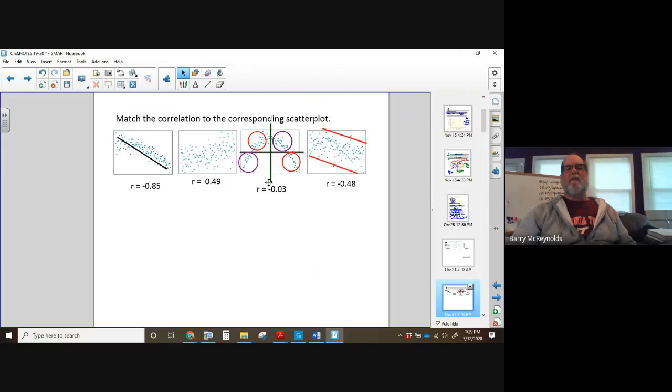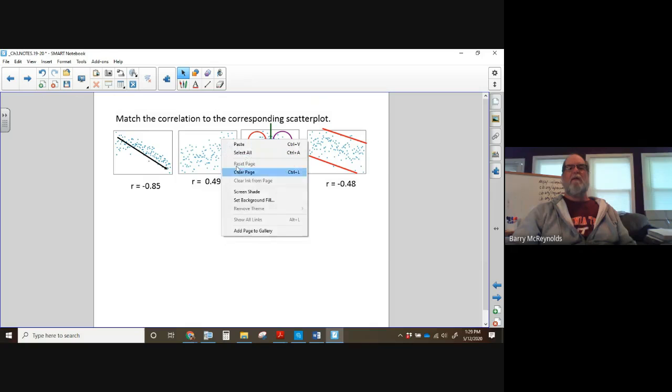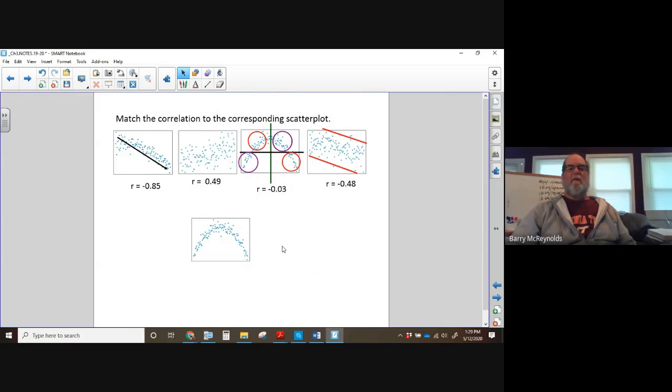This data here is clearly not linear in nature, and so it is not appropriate to try to fit a regression line to that set of data. Sometimes it's hard to know whether data is linear in nature or not.